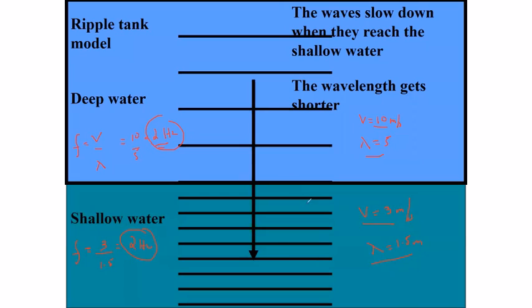As it enters a shallow region, the speed decreases, it was 10, becomes 3, and the wavelength was 5, becomes 1.5. So what happened as the speed and wavelength decrease? When I take the ratio between speed and wavelength, I will observe that the ratio remains the same or unchanged. As the ratio remains unchanged, it means that the frequency remains unchanged.